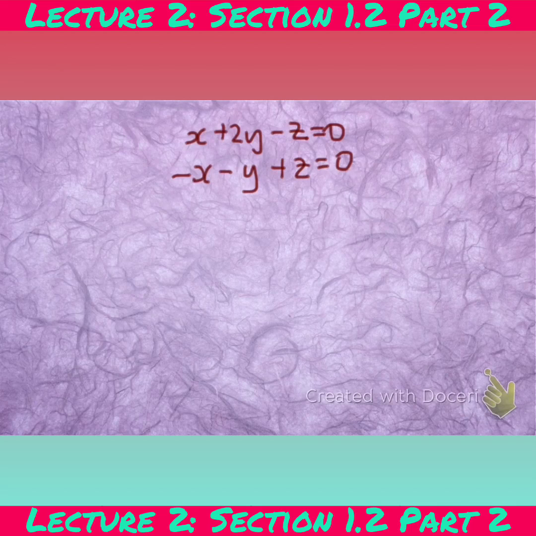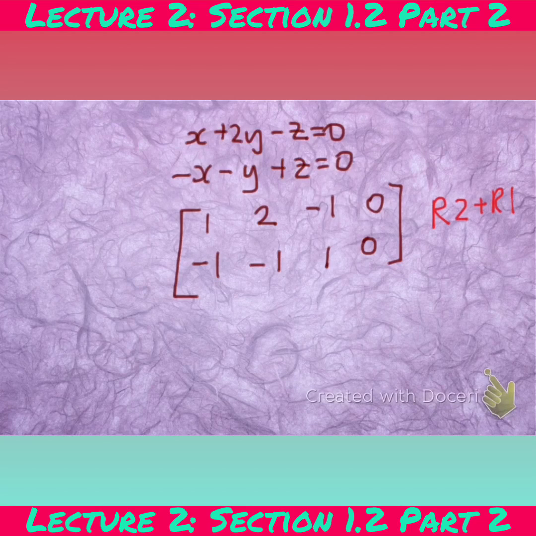Right, quickly look at this homogeneous linear system. If we were to solve this, we write down the augmented matrix. Again we can change the second row by adding the first row to it. So the first row multiplied by 1 is 1, 2, minus 1, and adding that to the second row we get 0, we get 1, we get 0.